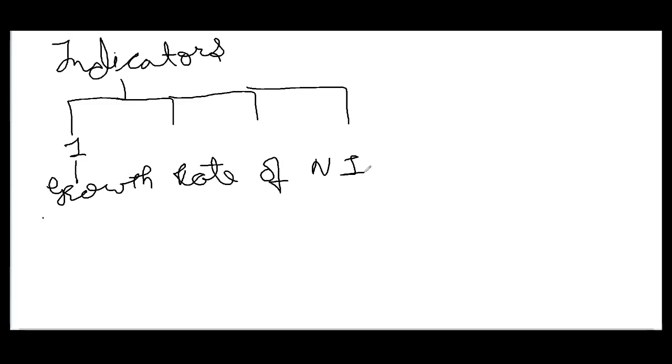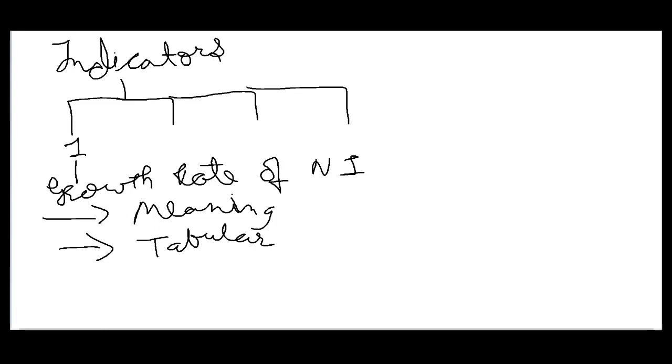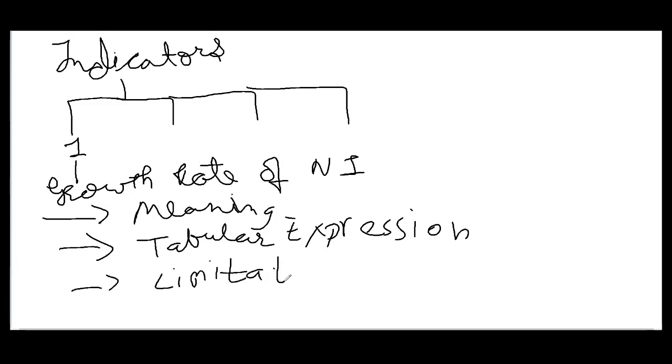In that we first studied its meaning, then we saw tabular expression, and at last we studied limitations, and in limitations we had 3 limitations.